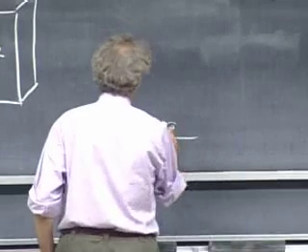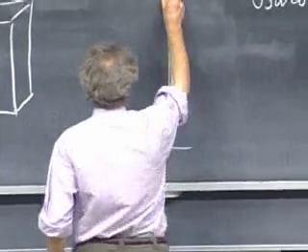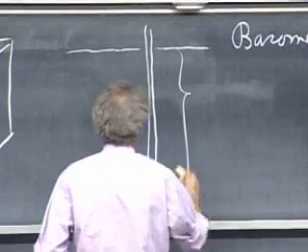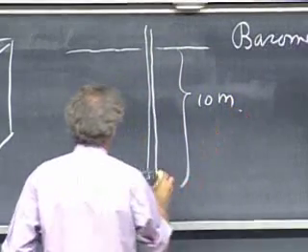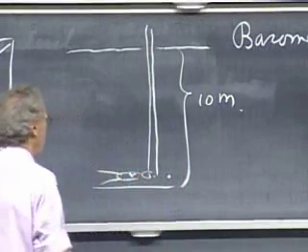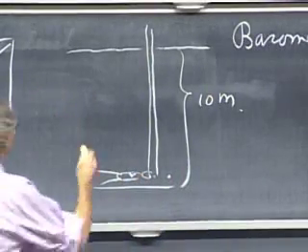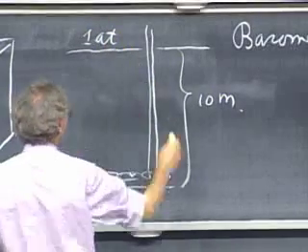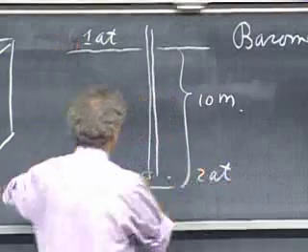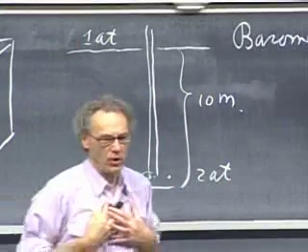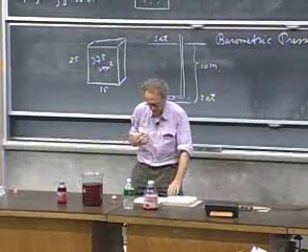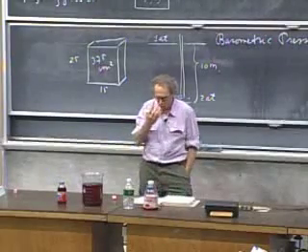If you're here, and you have a tube, here is the water level, and if this is 10 meters, then the overpressure here between your lungs and the water is 1 atmosphere, overpressure. So here is 1 atmosphere barometric pressure, here is 1 atmosphere hydrostatic pressure plus the barometric pressure, so here you have 2 atmospheres. So there's a huge force on your chest. Inside your lungs is 1 atmosphere, outside is 2 atmospheres, and there's no way that you could breathe.